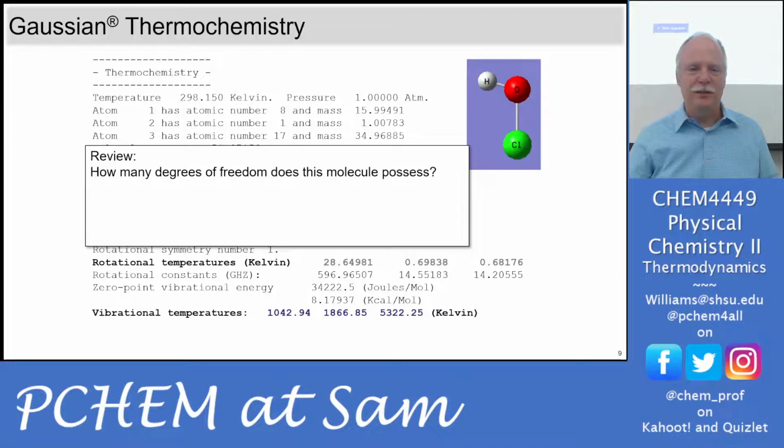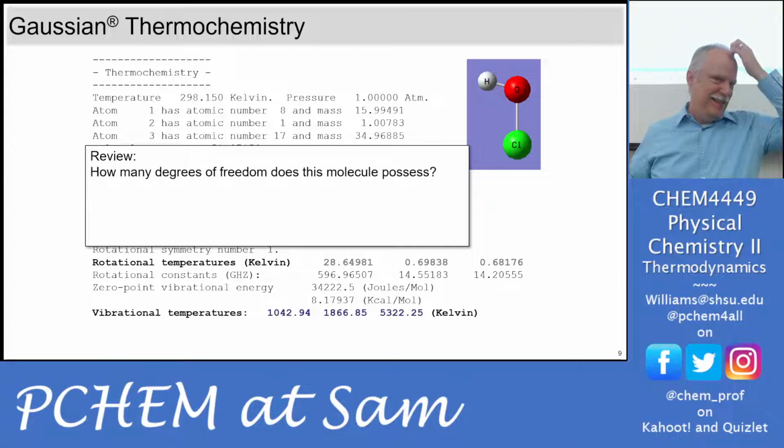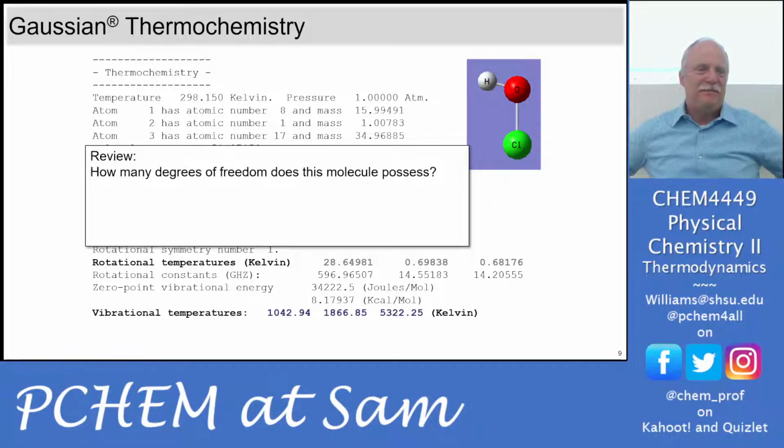How many rotational degrees of freedom does ammonia have? A lot faster answers. The shape of the molecule matters to some extent for rotation. It doesn't matter at all for translation.